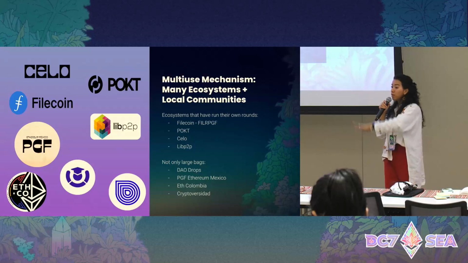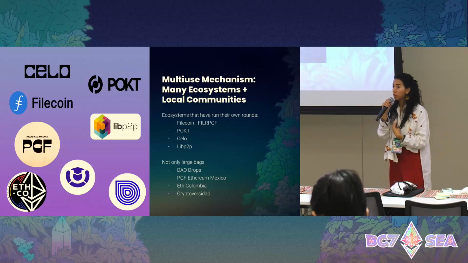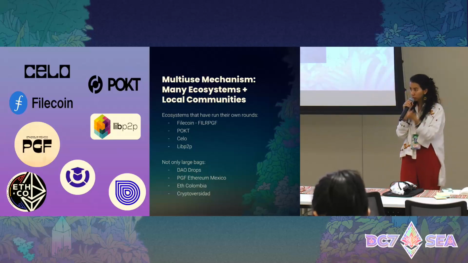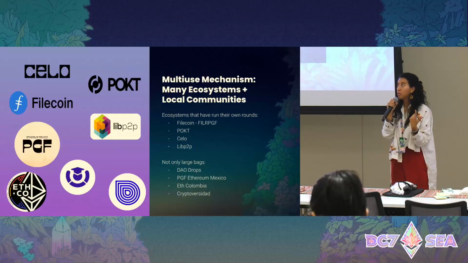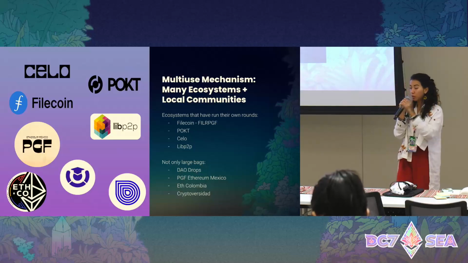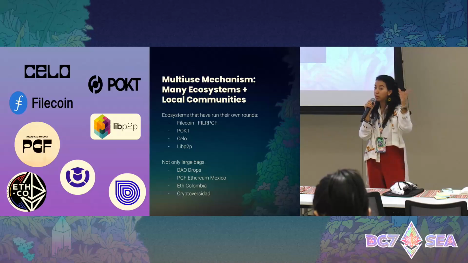Then on the community rounds, what we were experimenting with in the Ethereum Mexico community was looking at number of people onboarded into Web3. We were also looking at reducing the gender gap, so number of projects that were specifically targeting onboarding women or supporting women in the Web3 space.